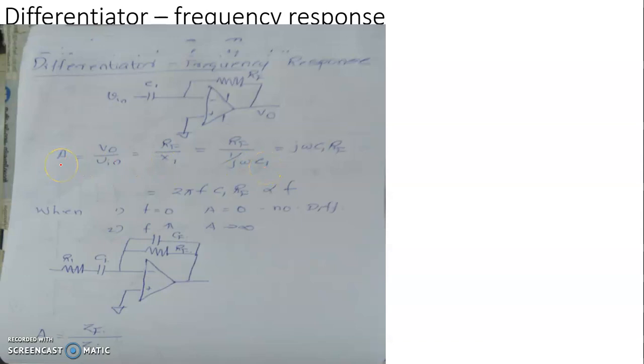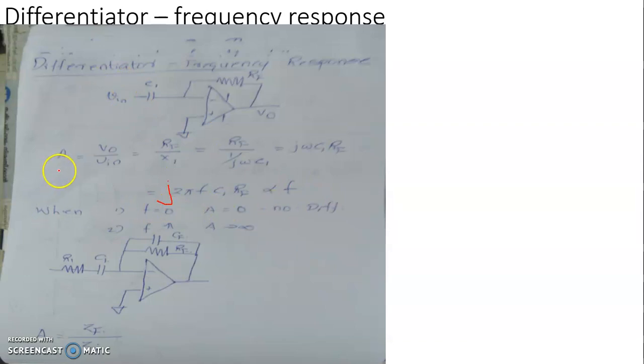So the gain of the differentiating amplifier is found to be j omega C1 RF, where if you substitute omega as 2 pi f, this becomes j 2 pi f C1 RF. Clearly this is proportional to the frequency of the input signal.